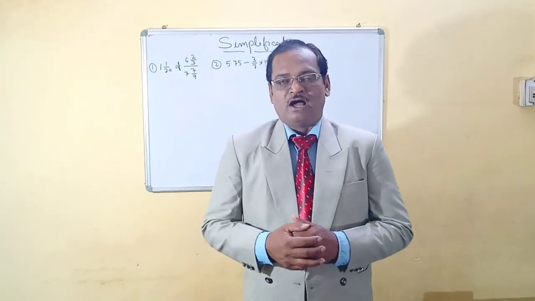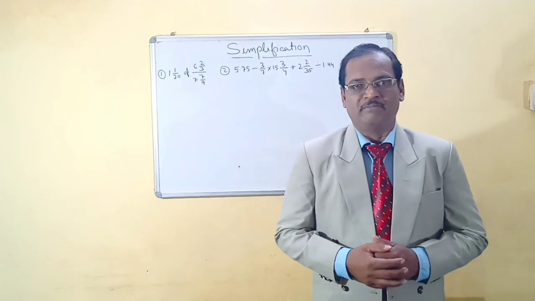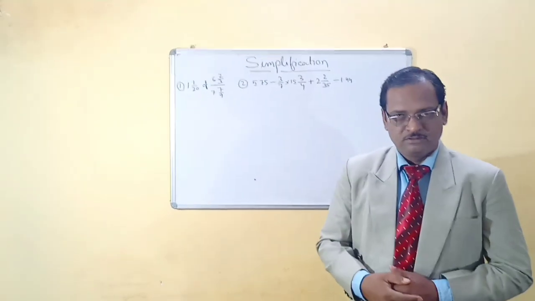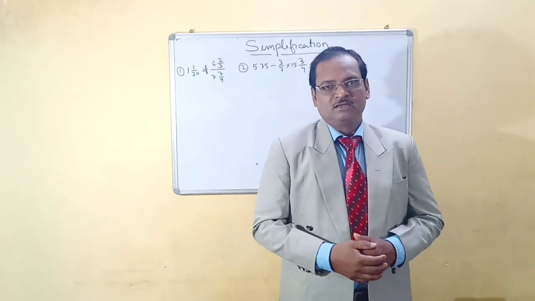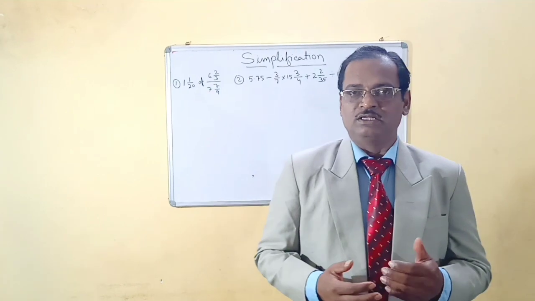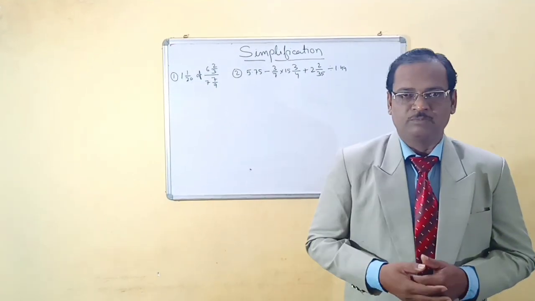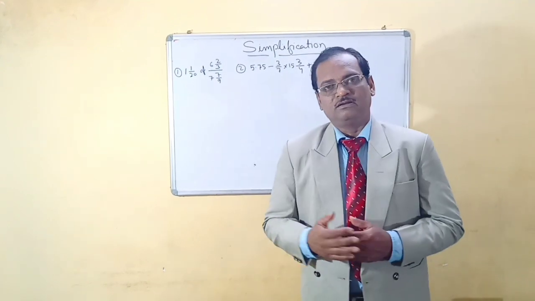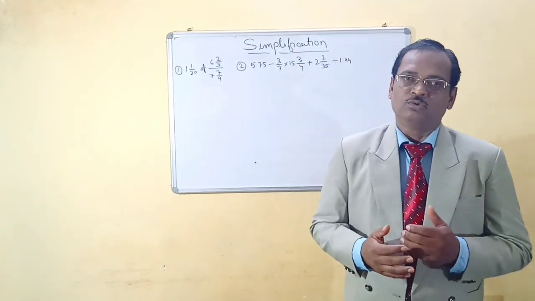Friends, today I am here to discuss the math topic of simplification. I have seen so many students face problems solving simplification problems. In simplification, we have to know the rules.